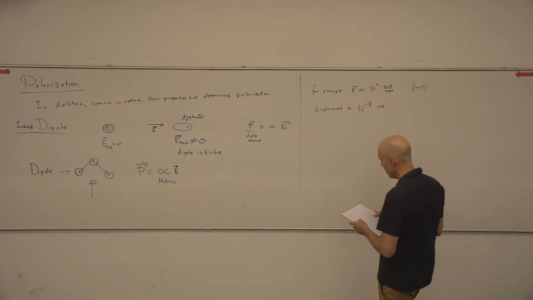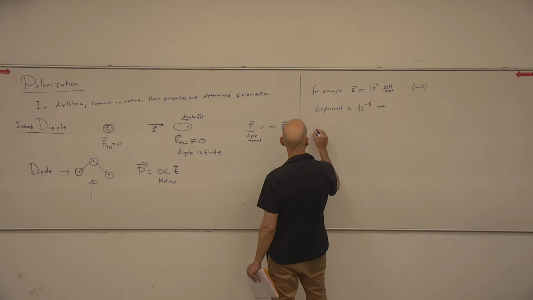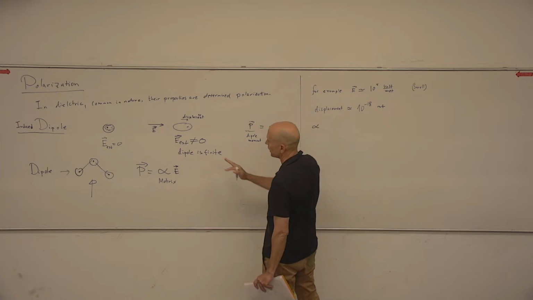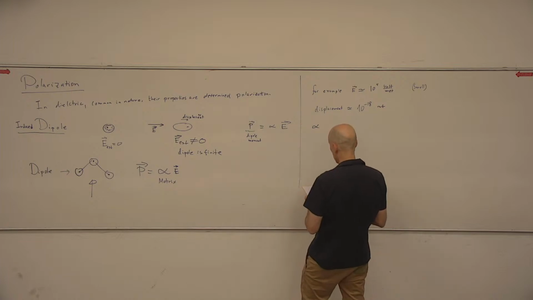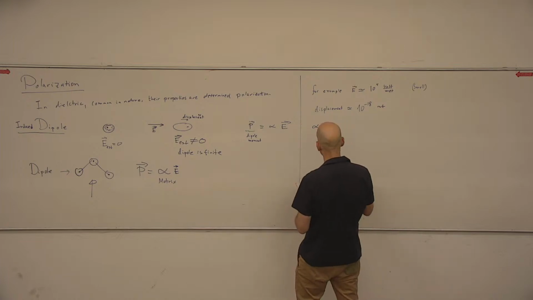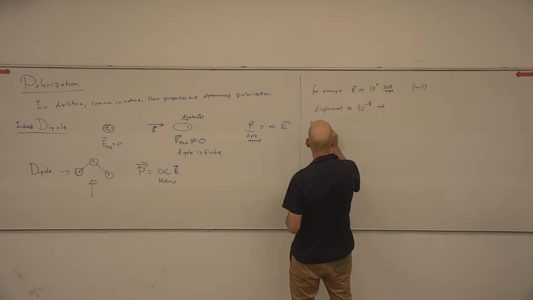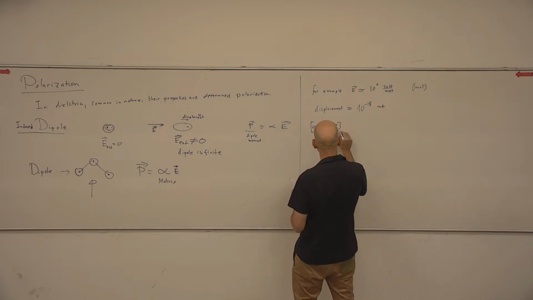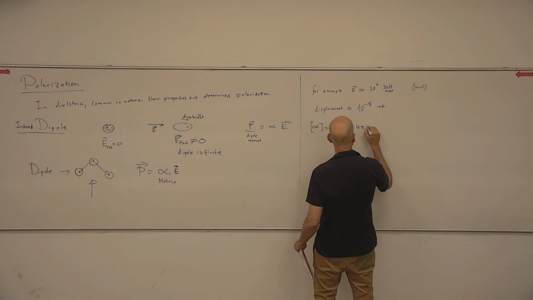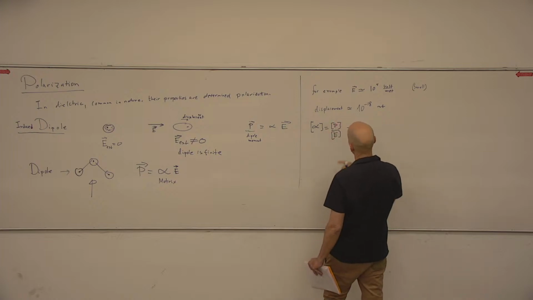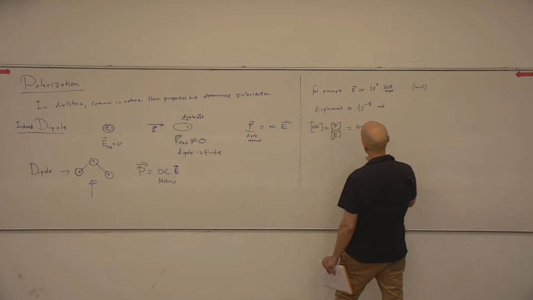So let us see what is alpha for the hydrogen atom, very roughly speaking. What are the units of alpha? The units of alpha is the units of a dipole divided by the units of an electric field. And this is 4 pi epsilon 0. This comes from the downstairs here.